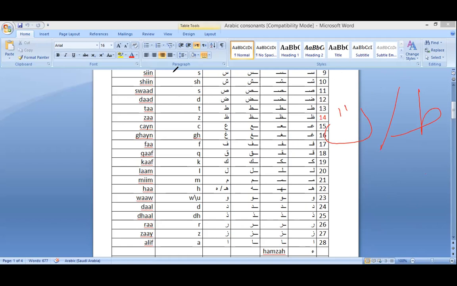This is Ta. It's like T with a dot, and this is the normal T. This is Ta, and this is Ta. For example, the first one is like Taha, Taha, right?